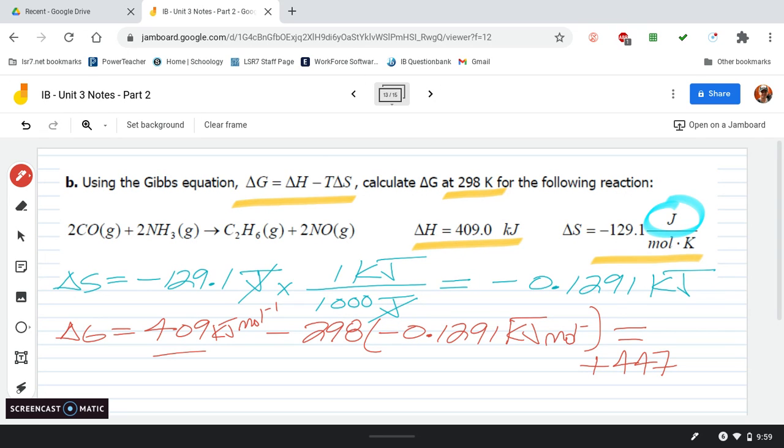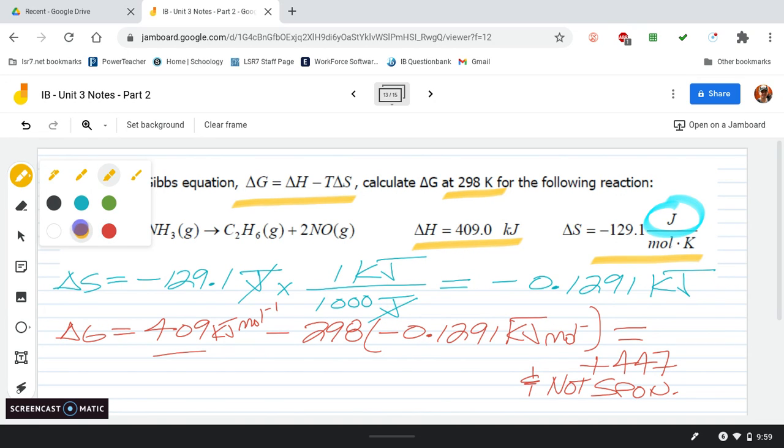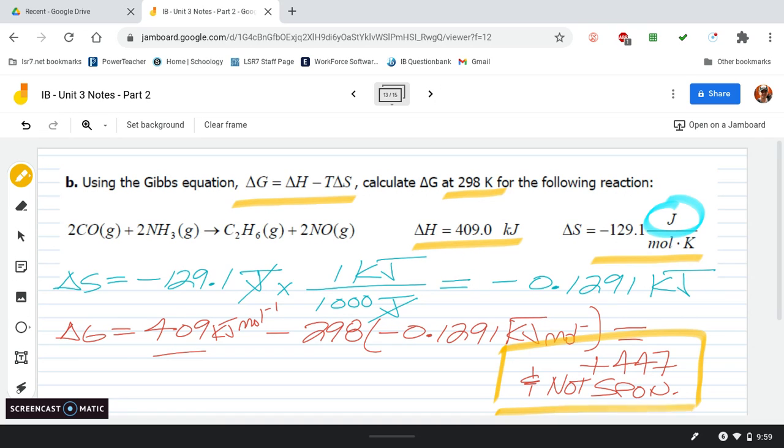And that is positive. So we would say it's plus 447 and not spontaneous, meaning that this particular one is not going to function.